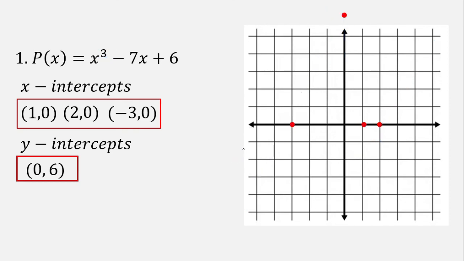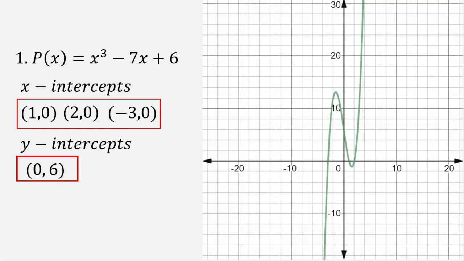Okay. And now if we use Desmos, we will get this as the sketch of the graph. It's condensed because I want you to see this is by 10, 0, 10, 20. So maybe the points here will be -3, 0, this is 1, 0, 2, 0, and this is 6, 0.